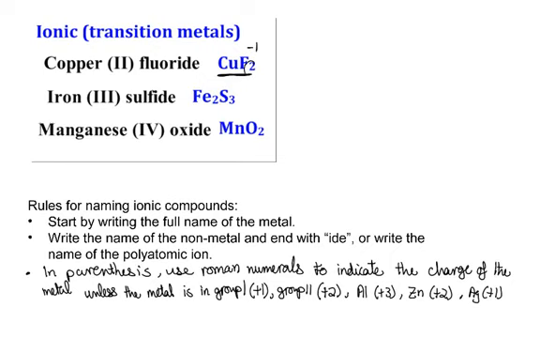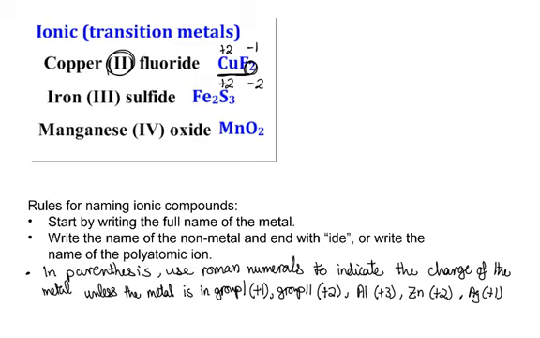There are 2 fluorines here, so the total negative charge is -2. Now, for a compound to exist, it needs to be neutral. So if my total negative charge is -2, that means my total positive charge is +2. We only have 1 copper, so copper has to be +2 in this case, so that's why we use the Roman numeral 2.